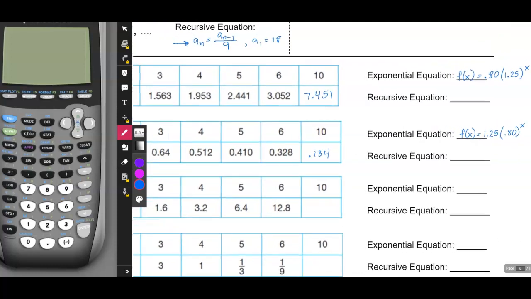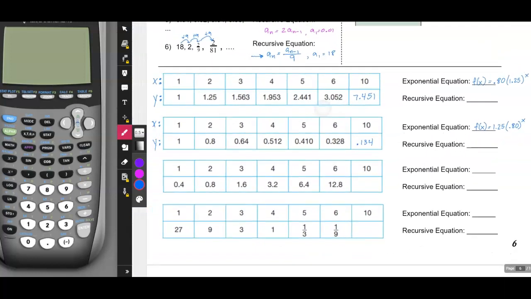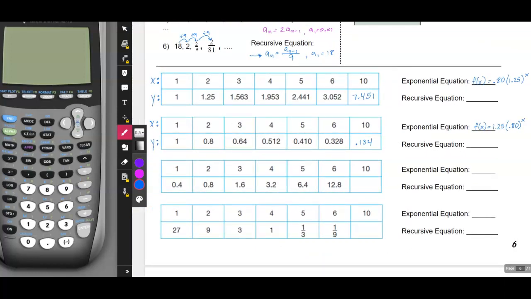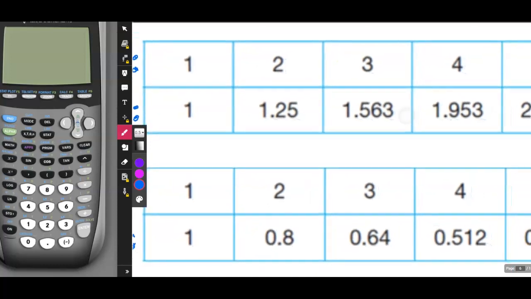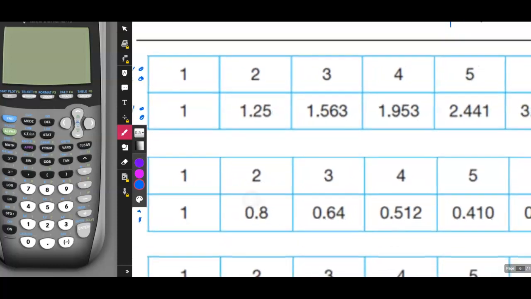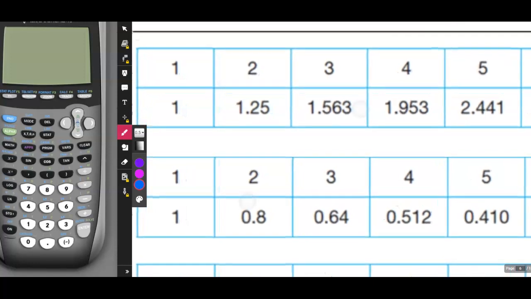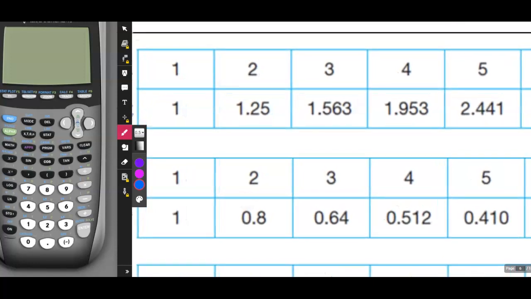Wonderful. So now, let's see if we can find the recursive equation for both of those. If it's very hard for you to see what you're multiplying by each time, there's a trick. You can take the next term and divide it by the first to figure out what you're multiplying by.